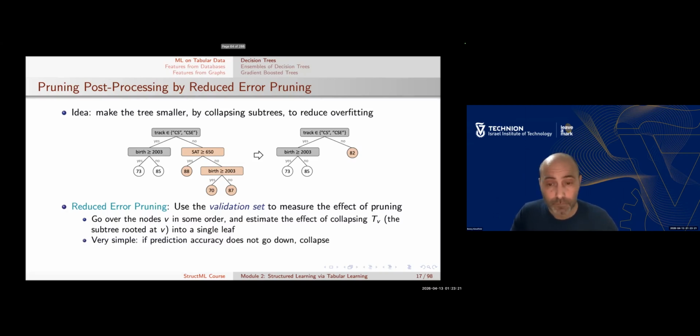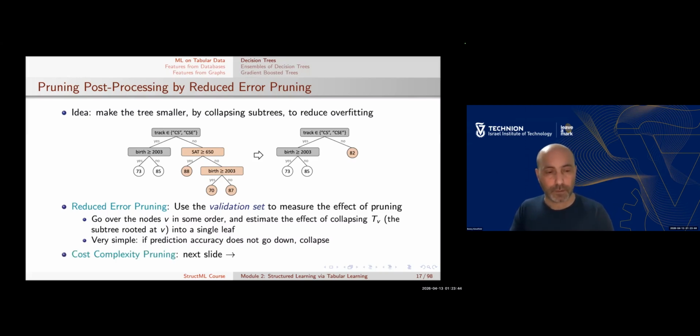If you're better off, then collapse. Okay, that's a very simple technique. The idea is that you're not using the training set, because in your training set you will probably lose, since there was a reason why you decided to split. But in the validation set, that's a different story. And that's an example of how we are using the validation set.